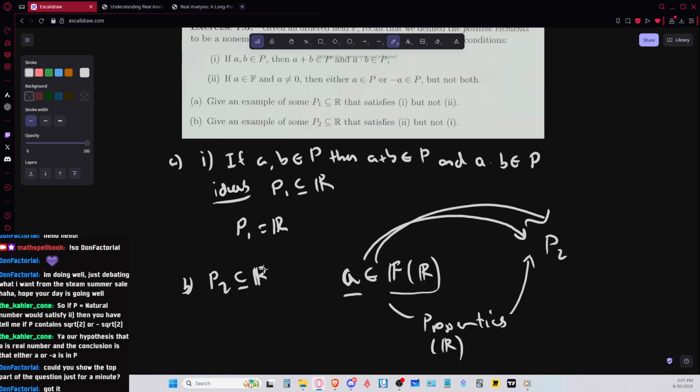So what's a good counterexample to this? Because we can't have P2 equal a set, because either way a is going to be a real number. So if a is going to be a real number, does that mean we have to change a in this case?